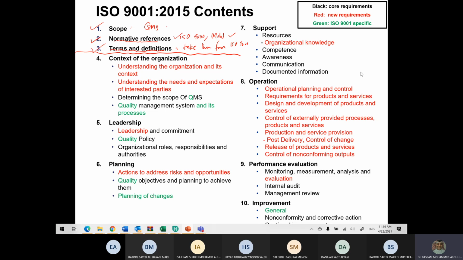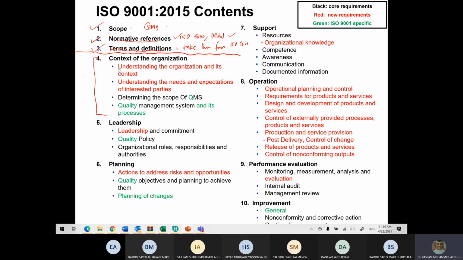And just to make it very clear, the context of the organization puts your organization in a certain place, where you say that now I am talking about my organization. What are the expectations of my organization? What am I producing? Am I producing a product or providing a service? Whom am I dealing with?